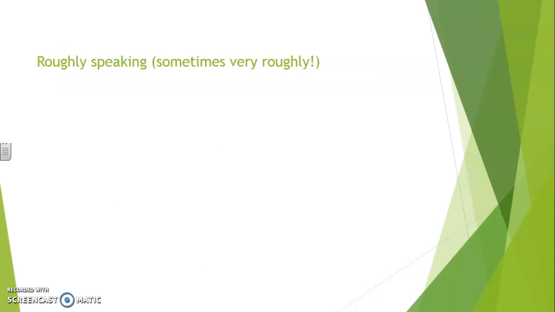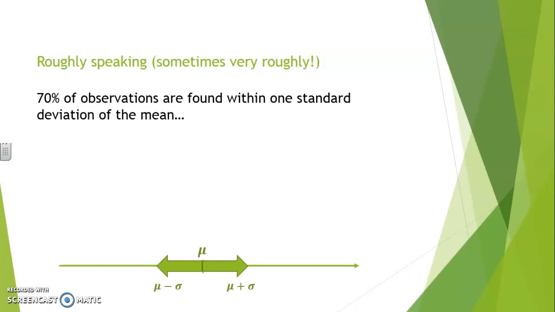Now, roughly speaking, and this could be very rough at times, 70% of the observations are found within one standard deviation of the mean. So here I've used symbolism for population data, but it could be just as useful in a sample data setting. So notice I've moved one standard deviation left and right of the mean.